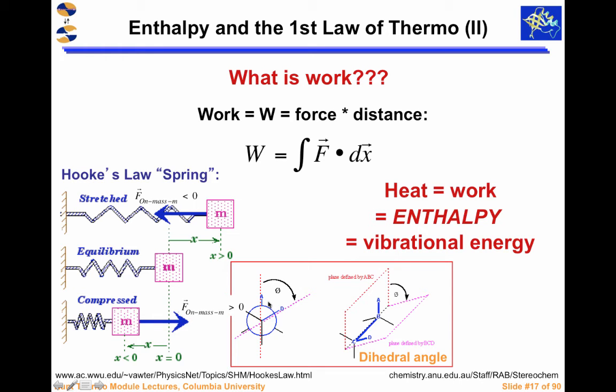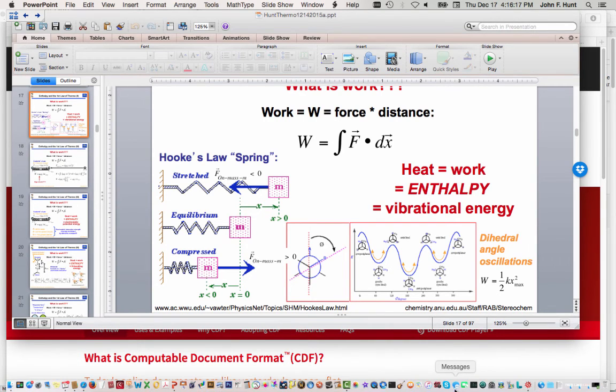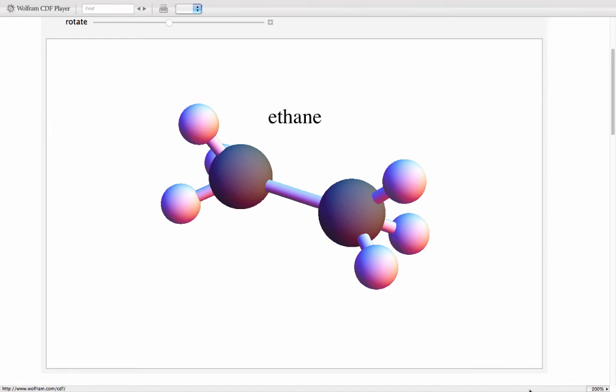So I'm going to leave the PowerPoint for a moment to go to something called a CDF viewer, a Computable Document Format viewer. This is something produced by the people who make Mathematica, a widely used mathematical modeling program, to make little mathematical animations.